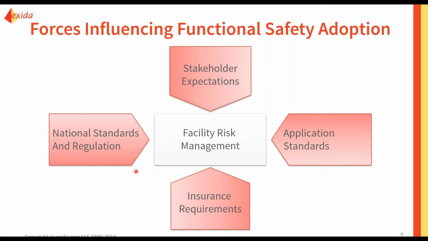If we think of standards and regulation and those associated audits as one potential driving factor for the adoption of functional safety, another key driver is insurance requirements. Especially in the US and other countries where international standards do not have the weight of law, insurance companies will come in and look for this documentation. We've seen that play out on both ends.